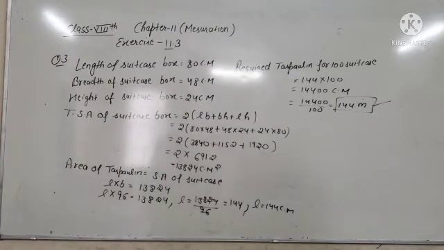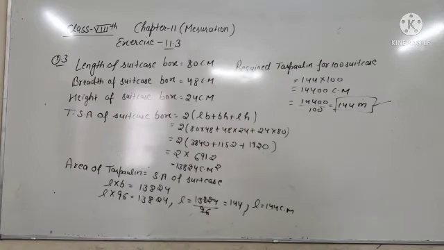So what will you do in this question, beta? First of all, a suitcase whose measures are 80, 48 and 24 is to be covered with a tarpaulin cloth. How many meter of tarpaulin of width 96 centimeter is required to cover 100 suitcases?